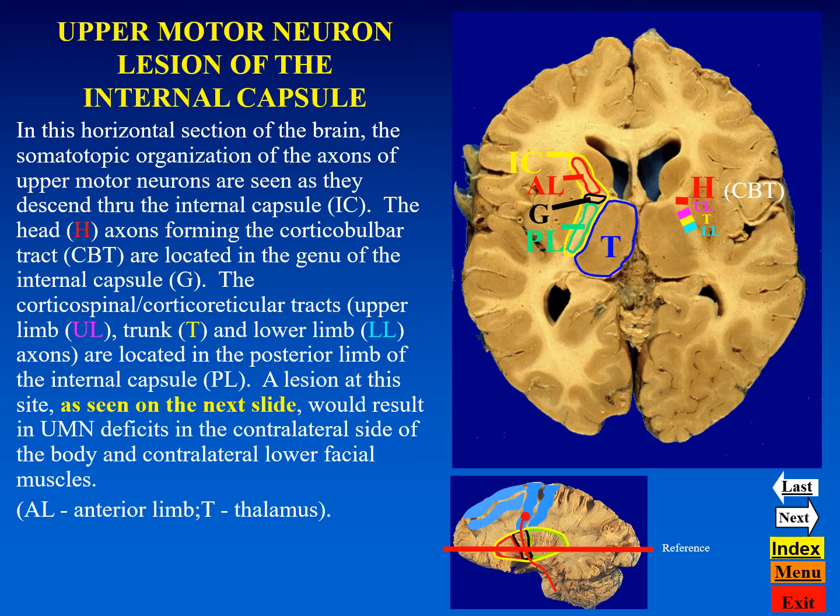Immediately posterior to the lower limb, the rest of the internal capsule contains the fibers of the fine touch and pain and temperature pathway. So you can imagine a lesion in this site would result in a broad spectrum of deficits involving not only motor function, but also sensory deficits.